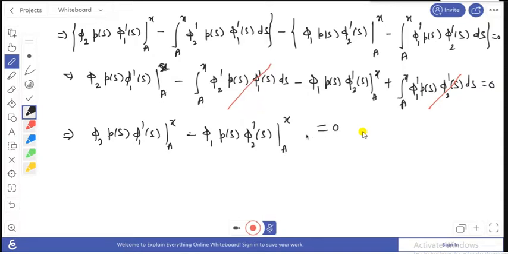So if we put here the lower limit a, if we put here lower limit, x is there, so this becomes px.